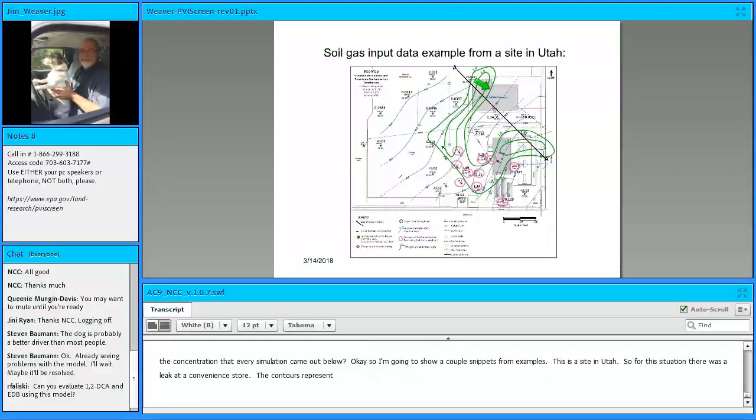And you'll see they go over here to this off-site restaurant. So one of the questions was, is there potential for vapor intrusion in this off-site restaurant? The red circles indicate soil samples that exceeded Utah's soil screening levels. But here we're going to focus on vapor intrusion potential from contaminated groundwater.